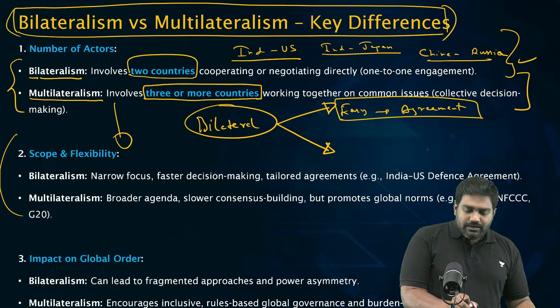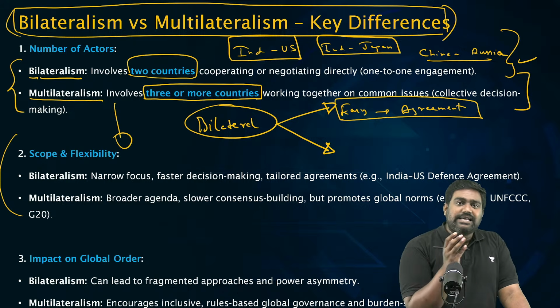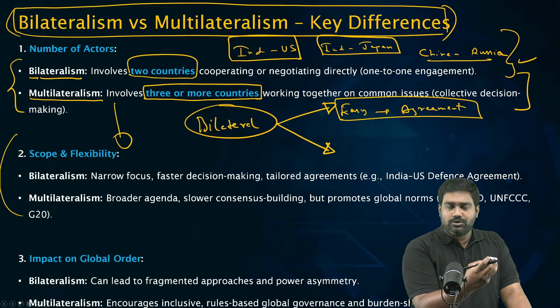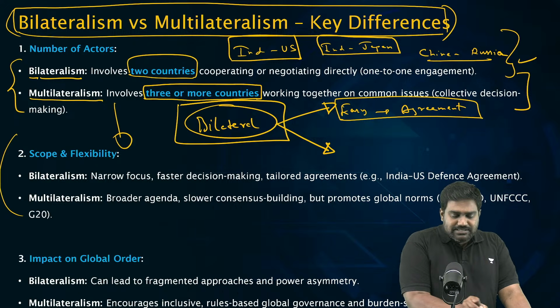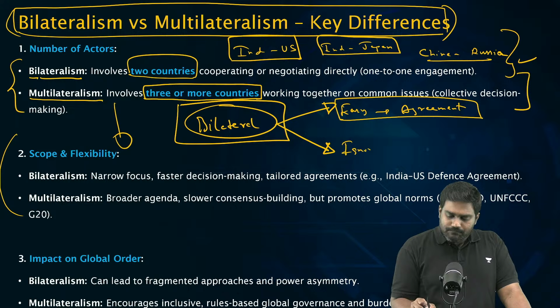I hope you're getting my point. When just two countries are working with each other, it's always easier to strike deals and agreements and to achieve something substantial, something concrete. However, bilateralism can be harmful. It will basically ignore global concerns.